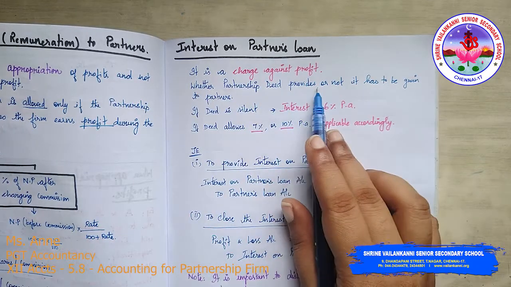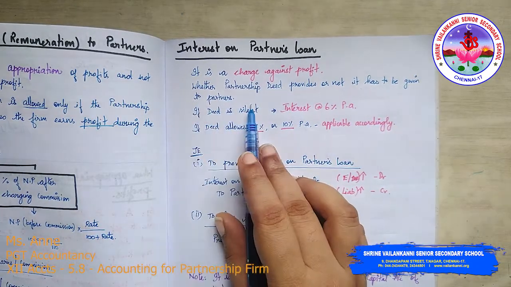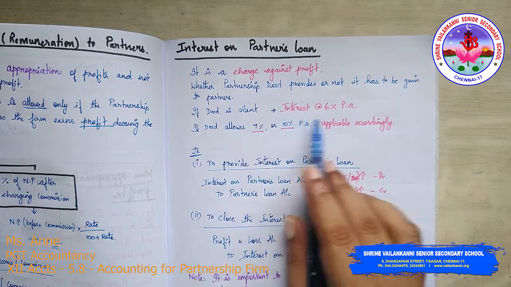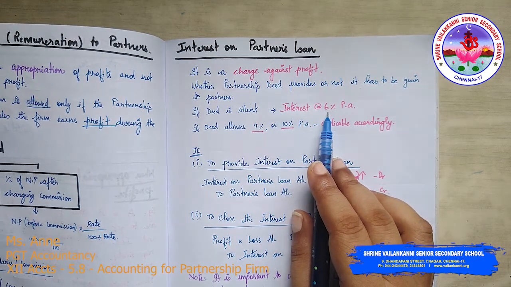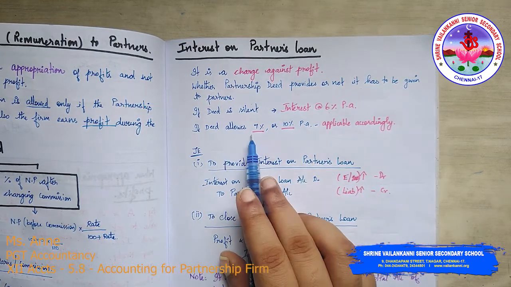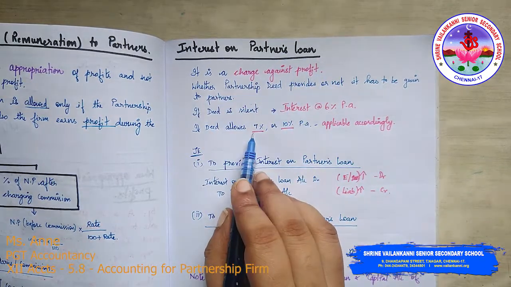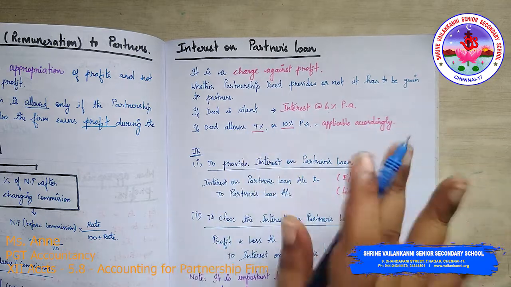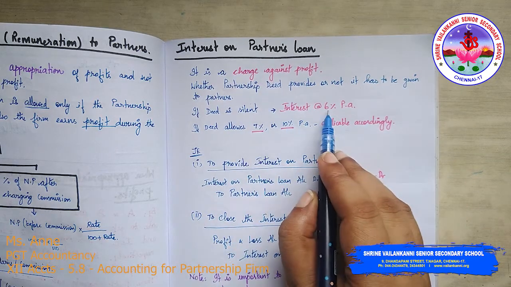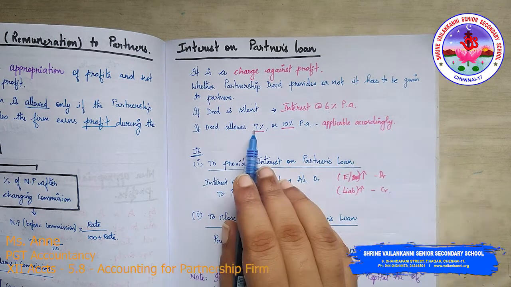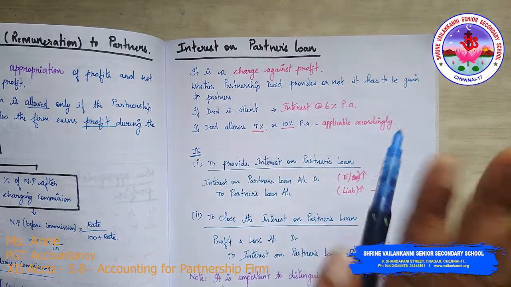Whether the partnership deed provides or not, it has to be given to the partners. So if the deed is silent, interest percentage will be 6% per annum. And if the deed allows, suppose the deed says interest on the partner's loan is 7% or 10%, accordingly it will apply. So if the deed says 10%, there you should not say 6%. It is 10%.